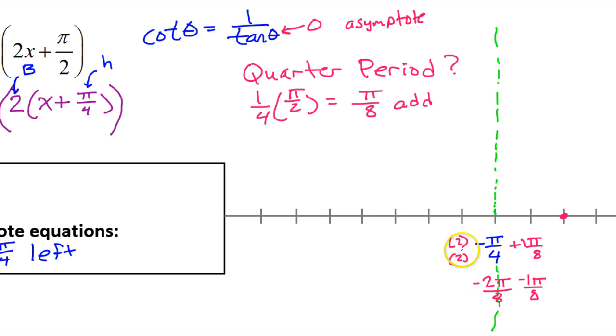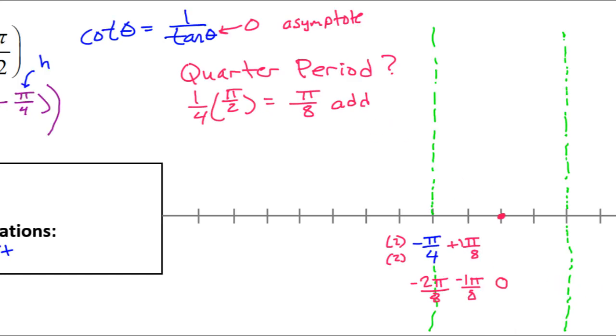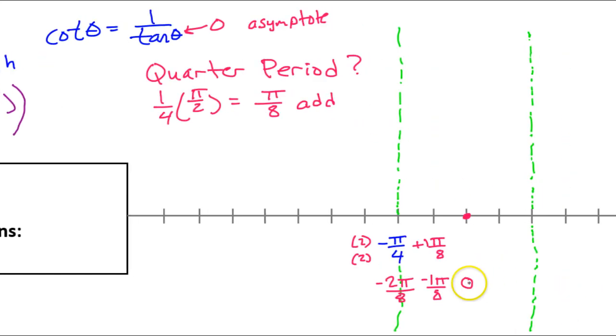And I'm just going to keep adding 1 pi over 8. If I added pi over 8 again, wouldn't that be 0? Negative pi over 8 plus pi over 8 would be 0. If I added pi over 8 again, 0 plus pi over 8 is just pi over 8. And if I add pi over 8 again, that would be 2 pi over 8.